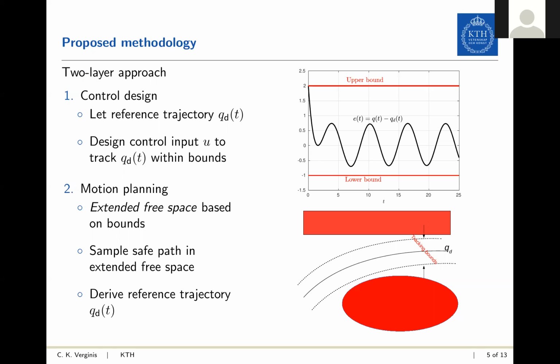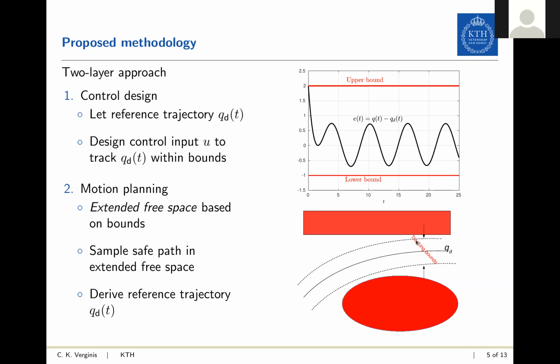So here, instead of trying to sample points in the free space of the robot, we sample in the extended free space of the robot, which takes into account these bounds. Essentially, the output path of the randomized sample-based motion planning needs to be sufficiently far from the obstacles based on the bounds.